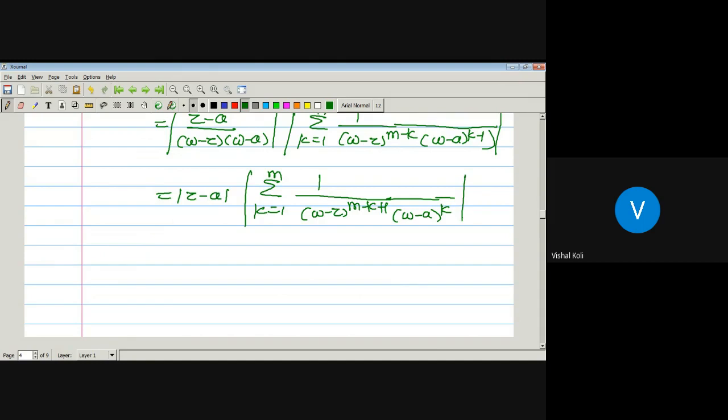Okay, so let us take this one as equation number 5, and this will be the value of 1 upon w minus z to the power m minus 1 upon w minus a to the power m.